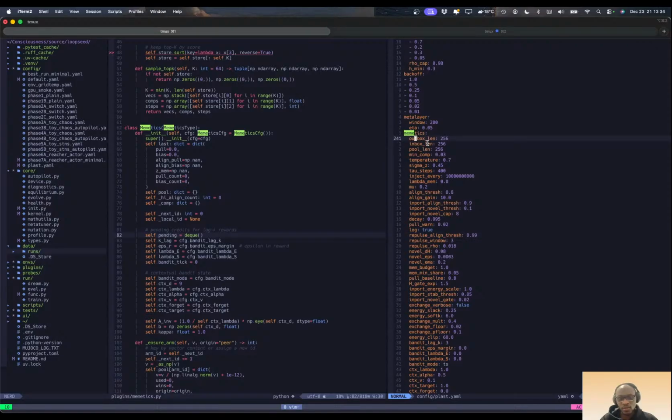So we have outbox length. This is the thing that you give out, so you send out information. The amount of information each agent has to send is 256 bits, right? We only send 256 bits, and then the amount of information the agent receives, I'm talking about not just any information, but novel information, information that is legit.